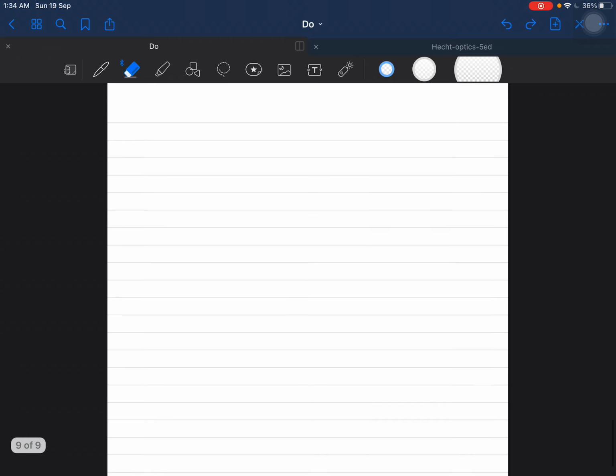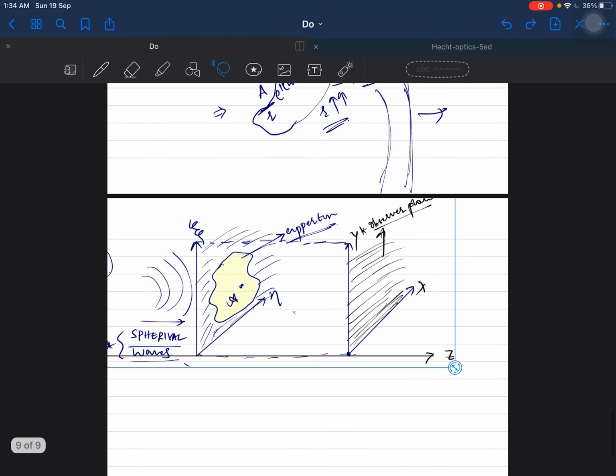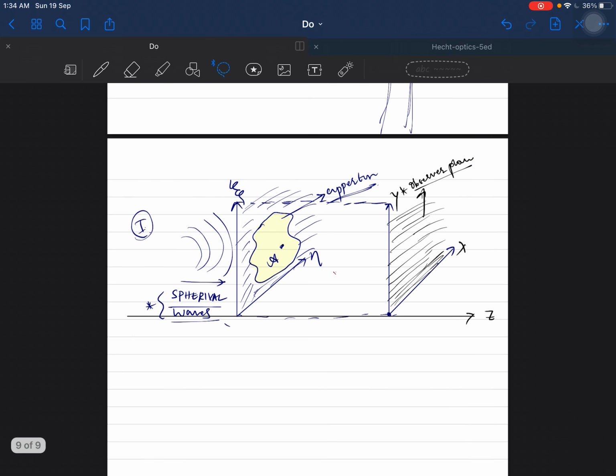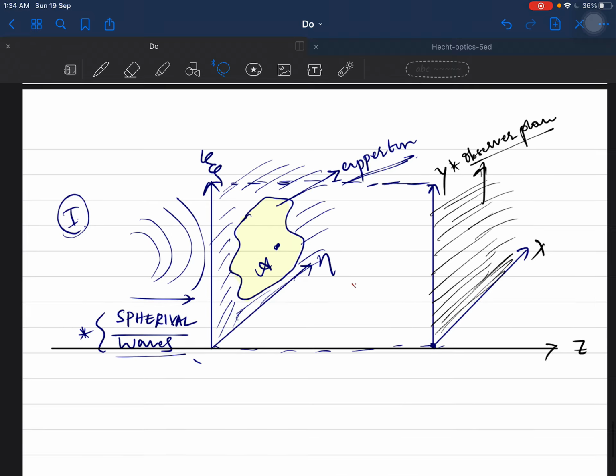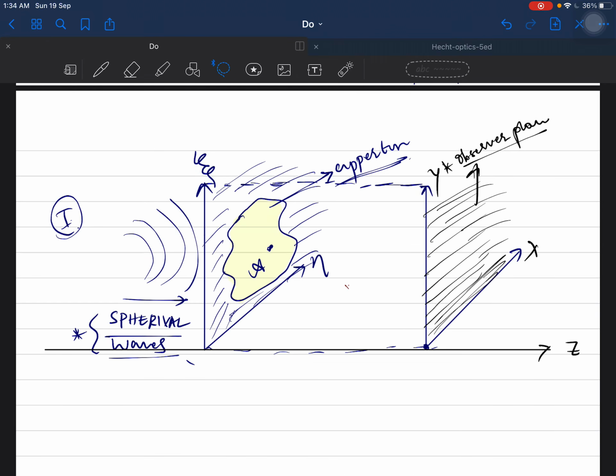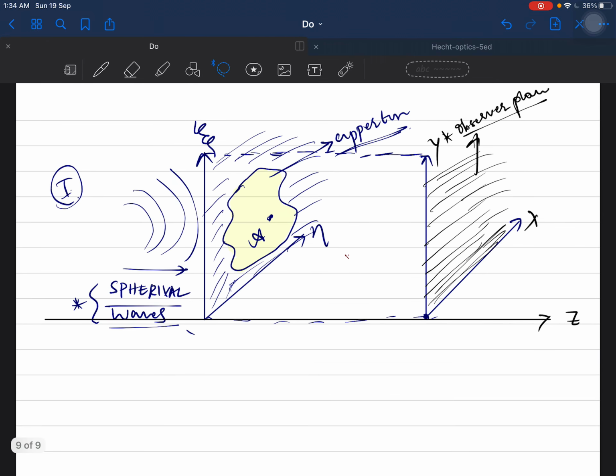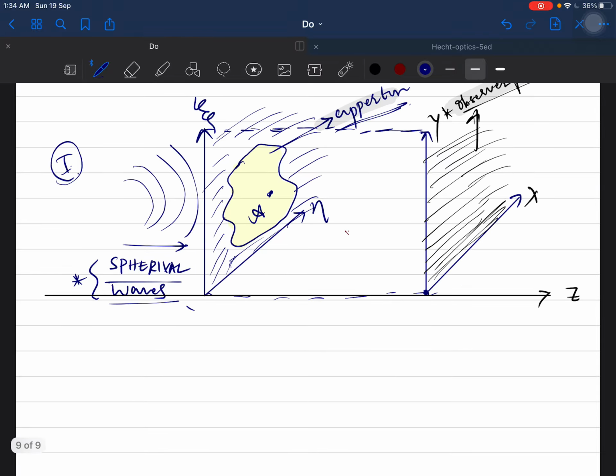I can just paste it again and just hope GoodNotes won't crash. So yeah, this is the aperture, this is the observer plane, the light is coming here, incidence, and now you see we need the field over here.